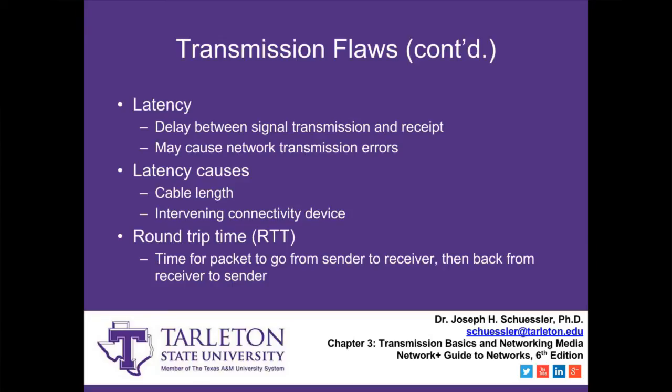If a switch or a router becomes very congested because of the amount of work it's doing, or it's low on memory, it can increase the latency and slow things down. Some of the causes of latency are cable length. The longer they are, not only do you have that attenuation issue, you also tend to increase the likelihood of latency. And then there's intervening connectivity devices.